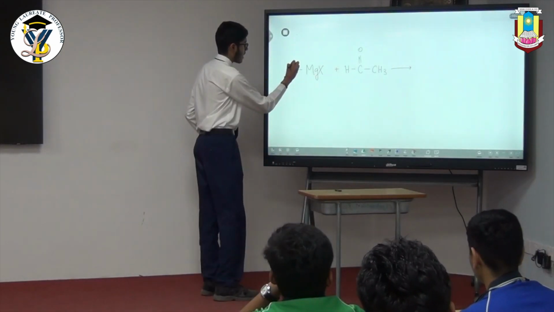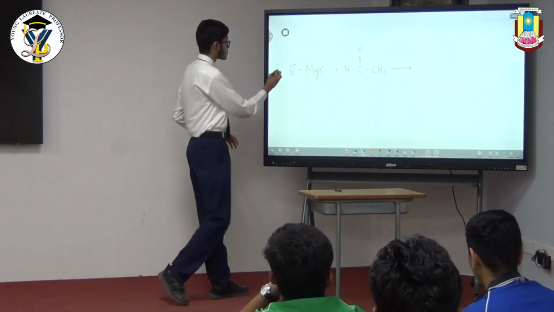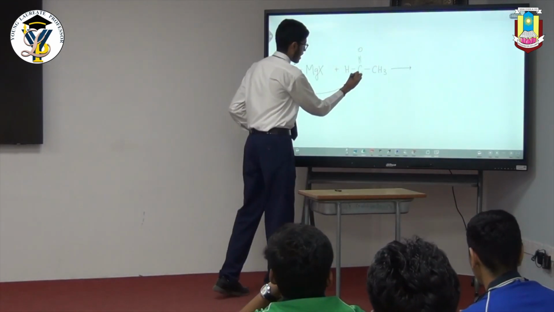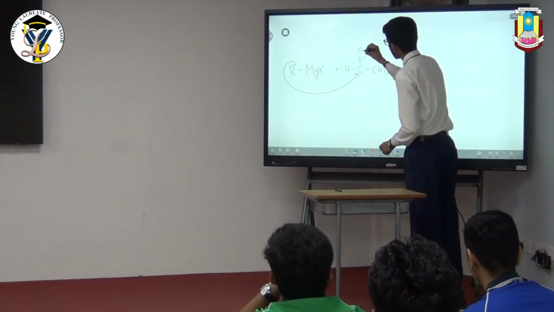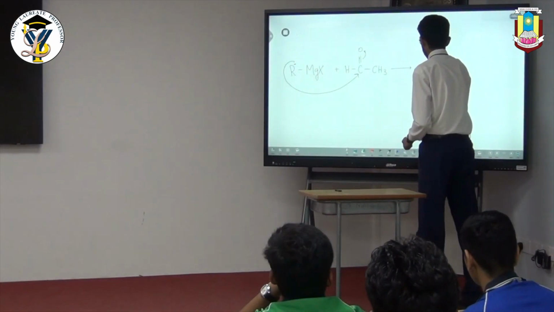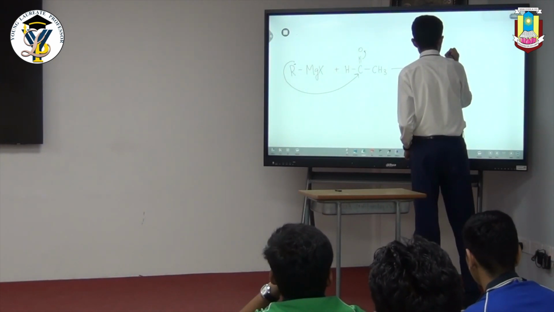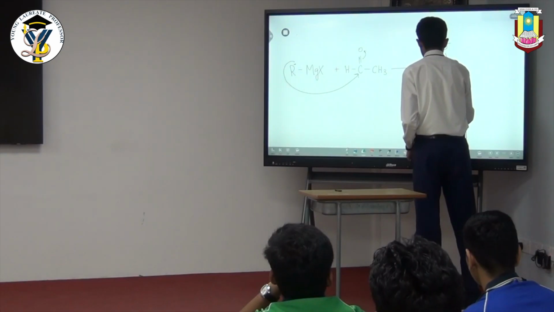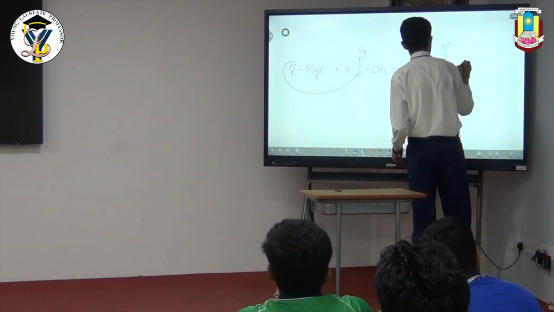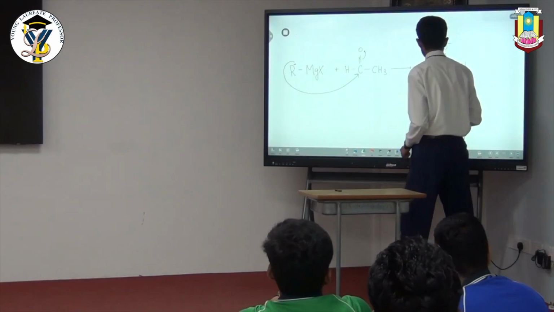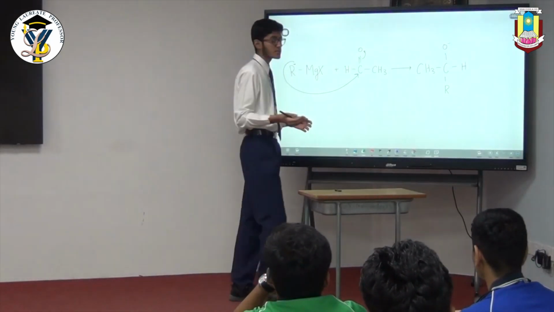Here, this R group has a negative charge, so this will attack this carbon over here. The weakest bond will break, this is the pi bond, usual procedure. And now, MgX plus is actually present in the medium.